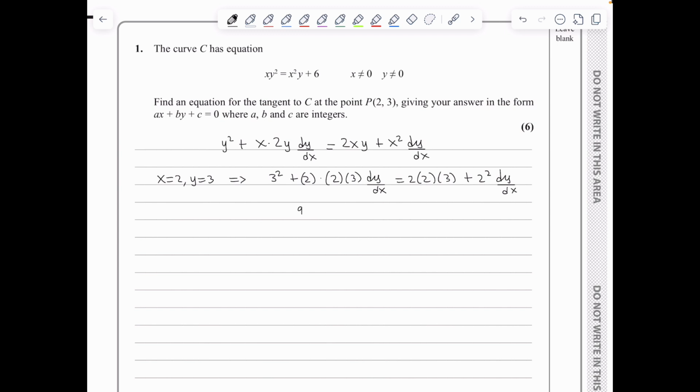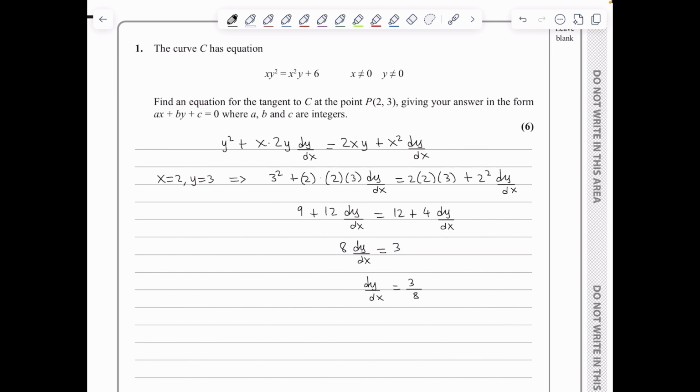So we've got a 9 plus 12 dy dx being equal to 12 plus 4 dy dx. So on the left hand side, I'm having 8 dy dx being equal to 3, and therefore we conclude that dy dx is equal to 3 over 8.